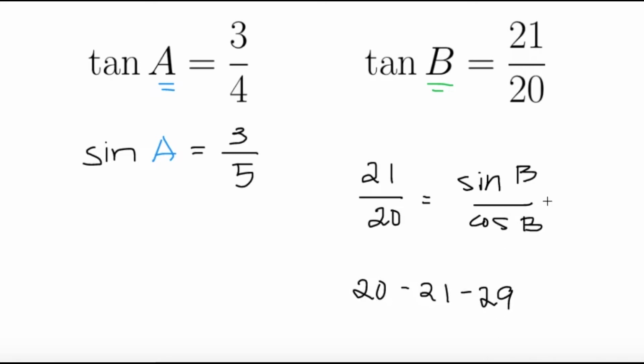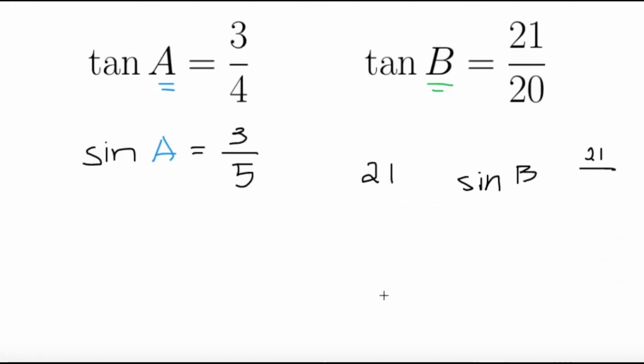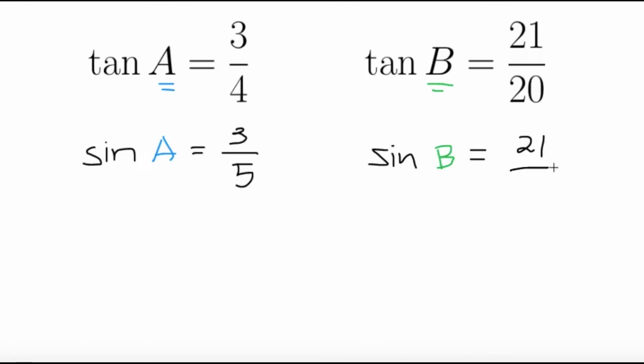So we can immediately conclude that sine of B would be 21/29, and cosine of B would be 20/29, and this ratio would indeed be 21/20. So let us write that down: sine of B is equal to 21 over 29.